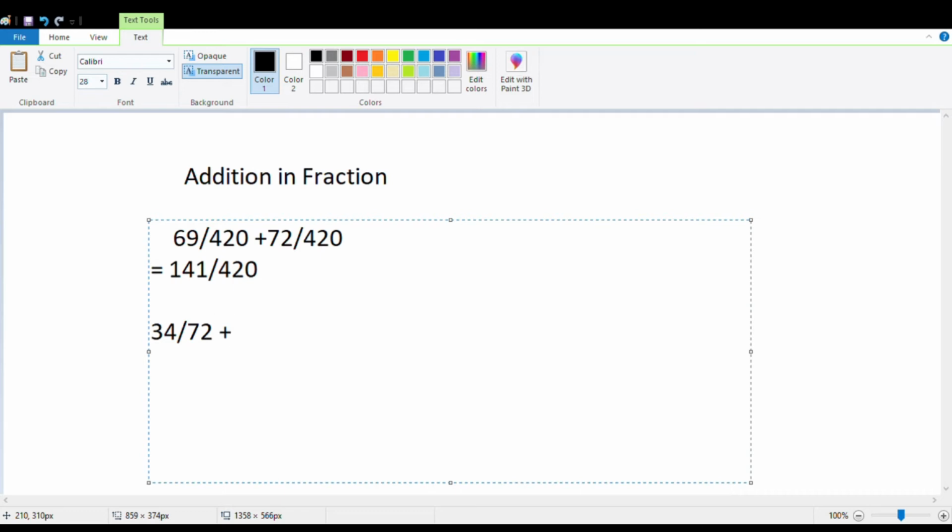Now there is another person who has ordered 72 slices of pizza. Okay, and he has eaten 71 out of it. Now what will be the answer, right?